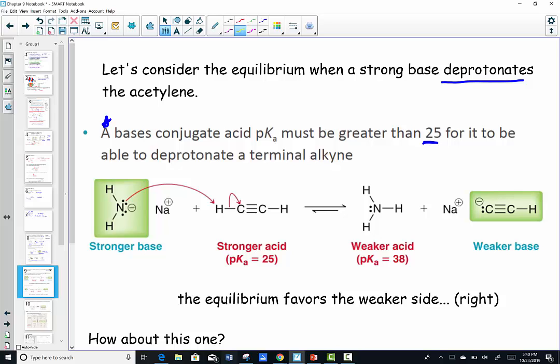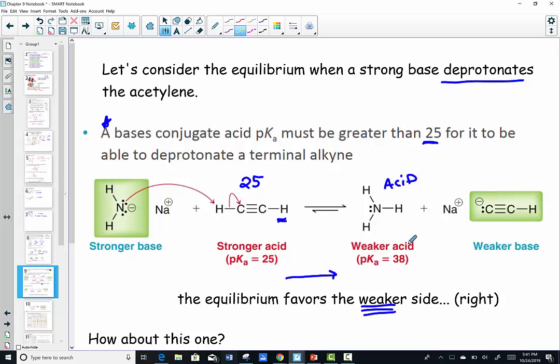If you look on your pKa chart, the value for the pKa of a terminal hydrogen of a triple bond is 25. So that means that we have to have something weaker form, and this is the acid.